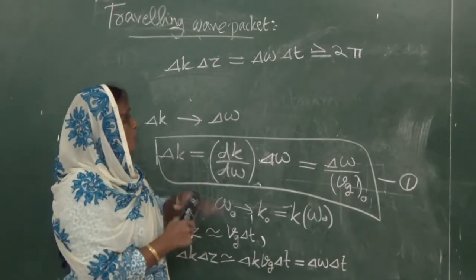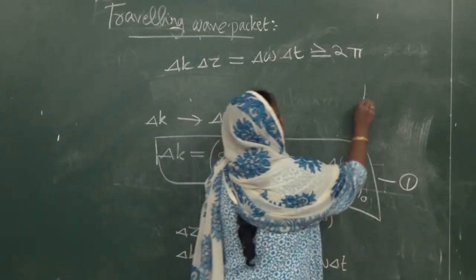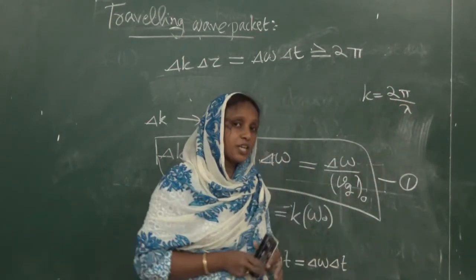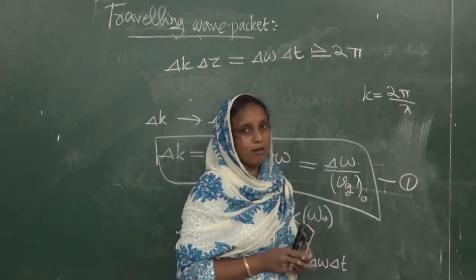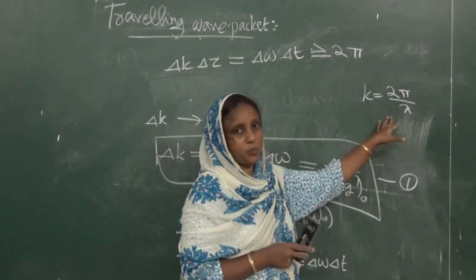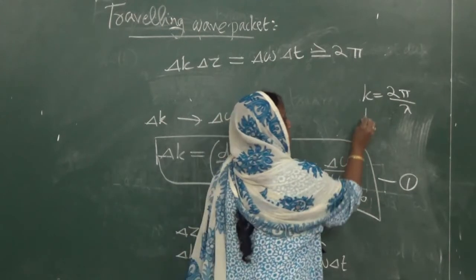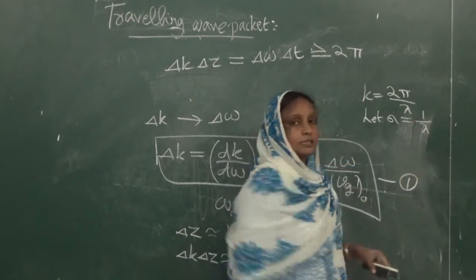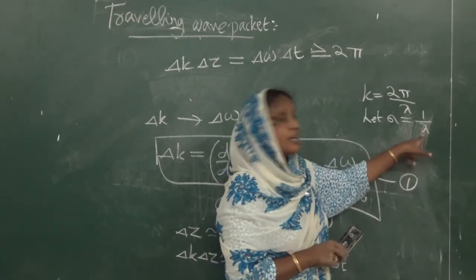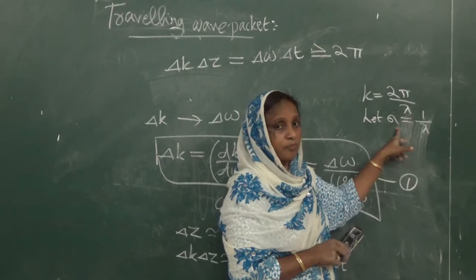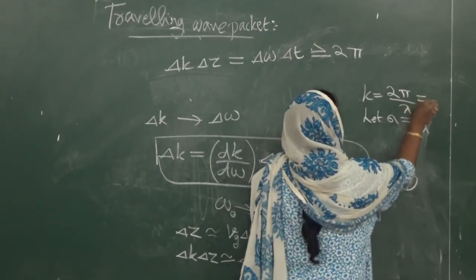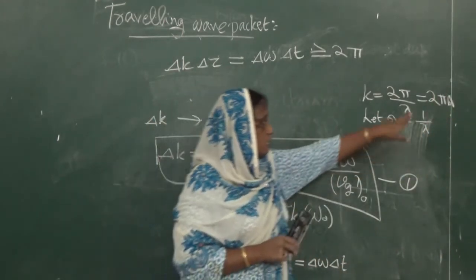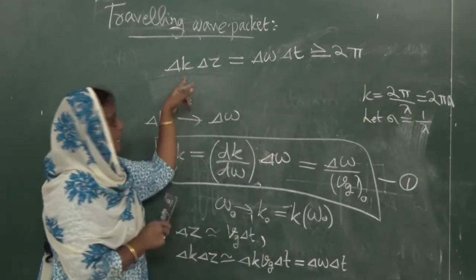Now we know that k equal to 2 pi by lambda. For further simplifying this equation, let sigma equal to 1 by lambda. That is, the inverse of wavelength is called sigma. So this k becomes 2 pi sigma. We can use this in this expression.